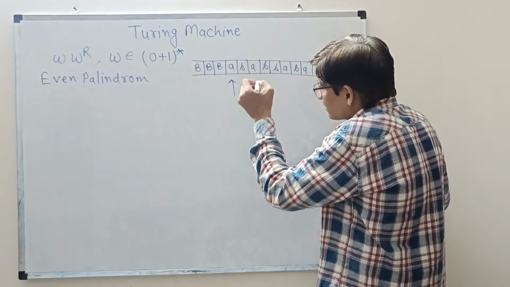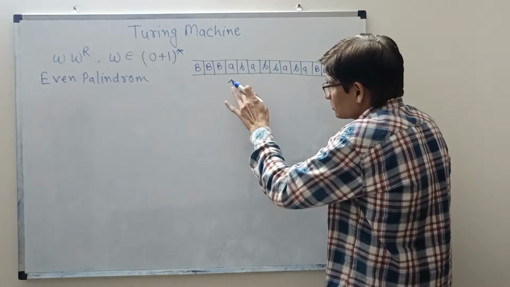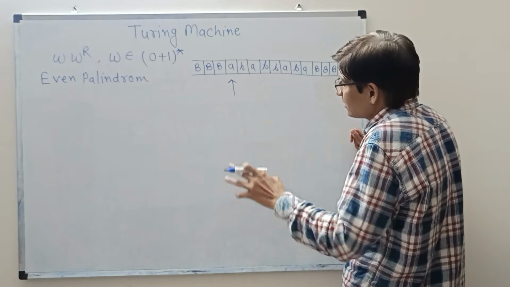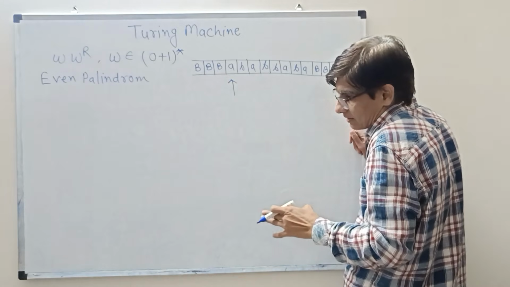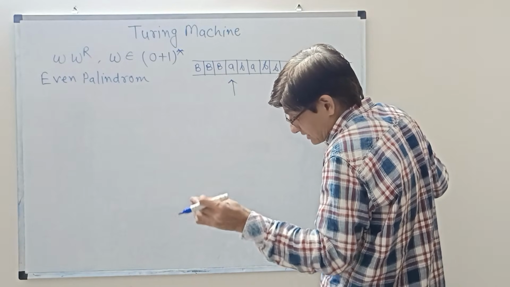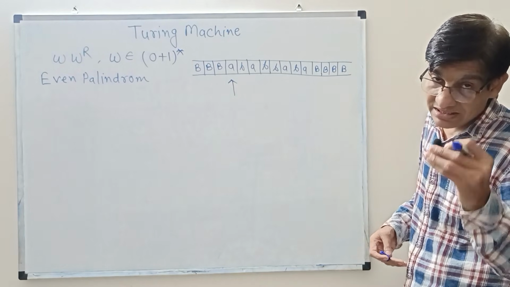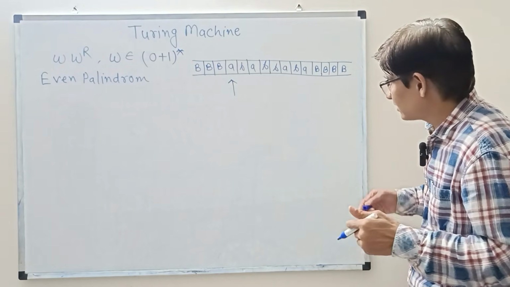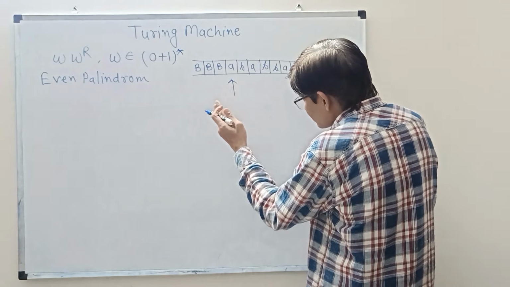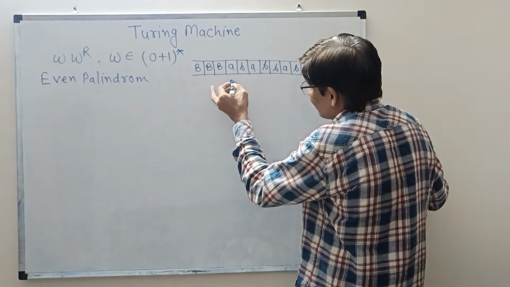We will start the process with the first character, and as the first and the last character are the same, we will convert these two symbols into blank, and then we will reduce the length of the string one by one.